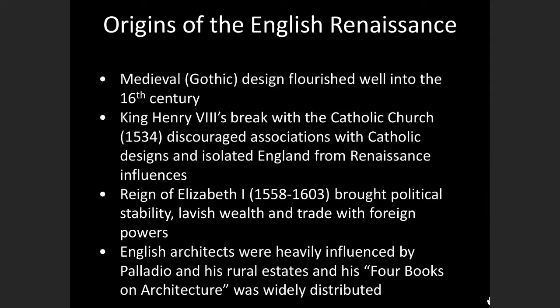And that creates all kinds of problems, wars and conflicts that happen for centuries between Protestants and Catholics. But it also helps to almost distance England from Renaissance philosophies and architecture because they do not want to associate themselves with anything they think is Catholic, right?